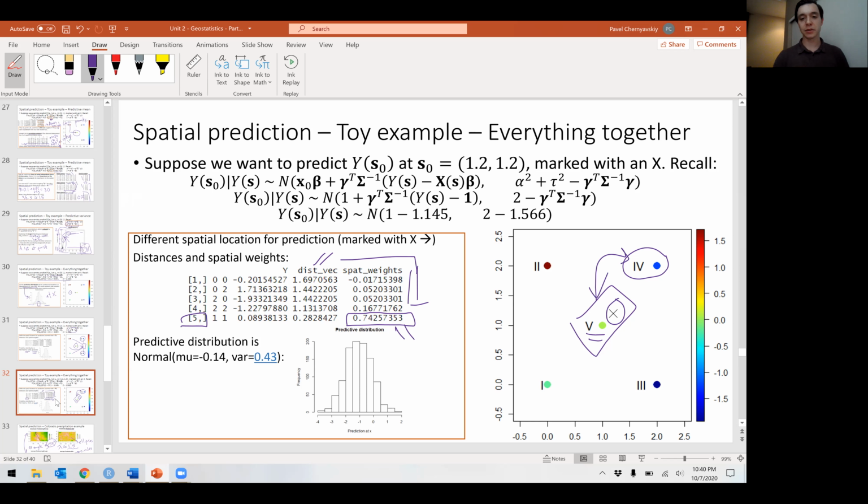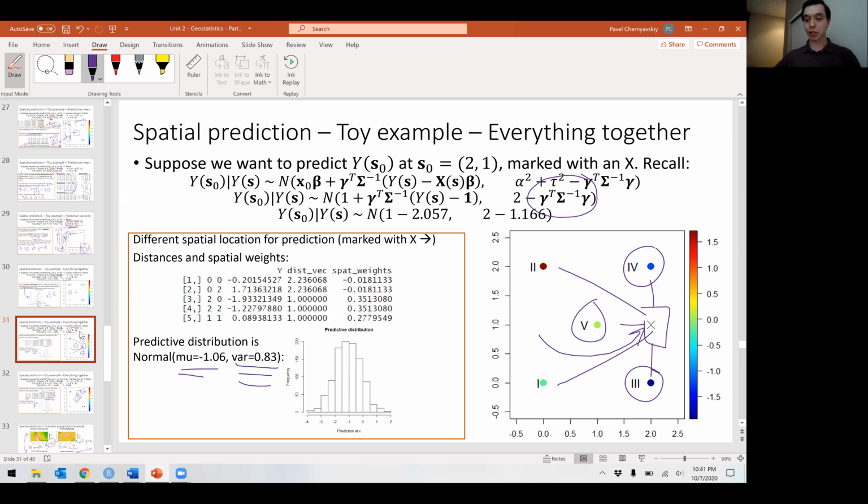What I want you to pay attention to is because we have moved our prediction closer to where I have an observed piece of data, I get to reduce my uncertainty. My variance is now 0.43, whereas on the previous slide, where my prediction was occurring equally far away from where I have observations, I almost halve my uncertainty.